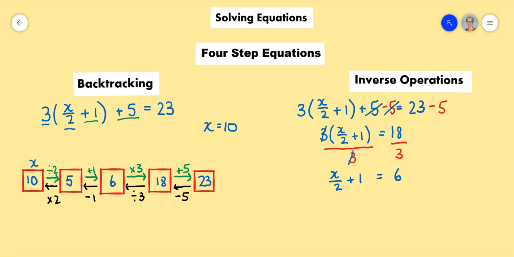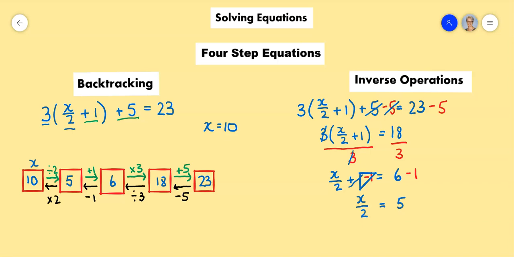The next thing that we had to do was to subtract 1. So we're going to subtract 1 from both sides of the equation. Plus 1 and minus 1 will cancel out, and so we are left with x over 2 is equal to 5.